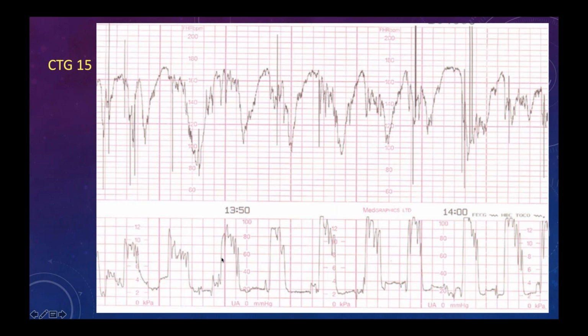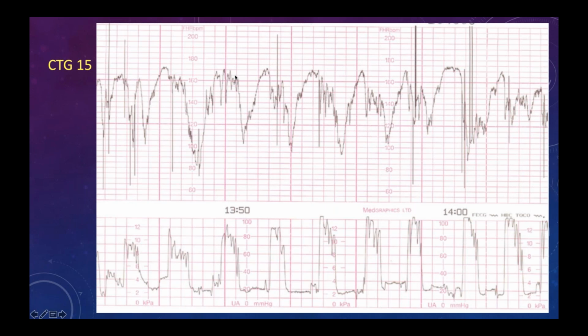Remember, the onset of the deceleration is after the contractions. That's why I said first that it is variable decelerations, and more than 50% of contractions it is. Yes, and variability is more than 5.